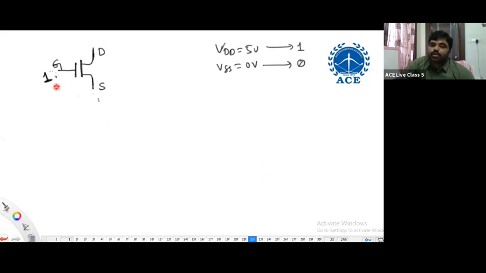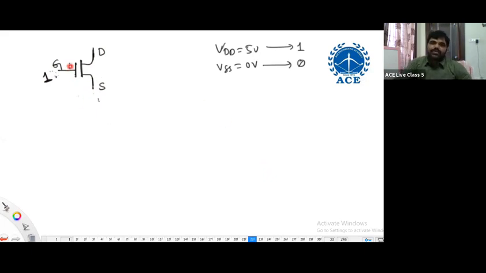For that, the gate is connected to logic 1 to switch on this N-channel MOSFET. If the gate is getting logic 0, it is off.